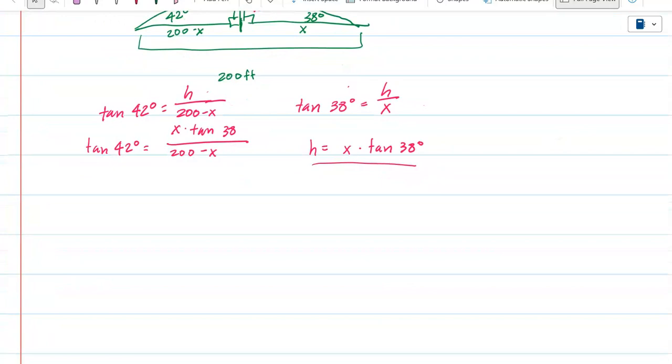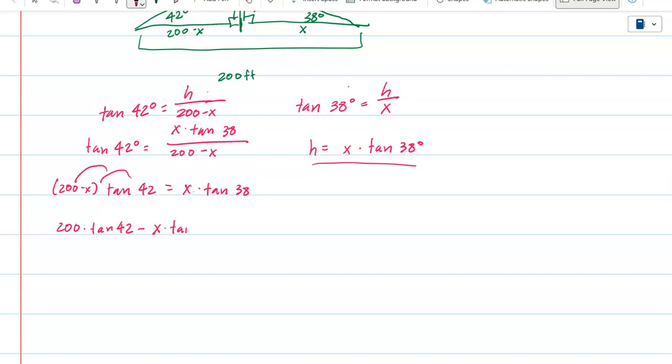And then I'm going to multiply both sides by 200 minus x. So 200 minus x times tangent of 42 equals x times tangent of 38. Distribute that tangent of 42, because tangent of 42 degrees is just a number. It's just a way a number gets expressed.